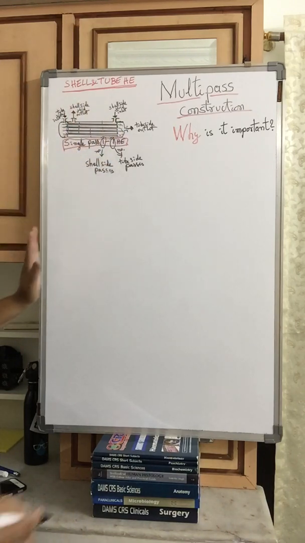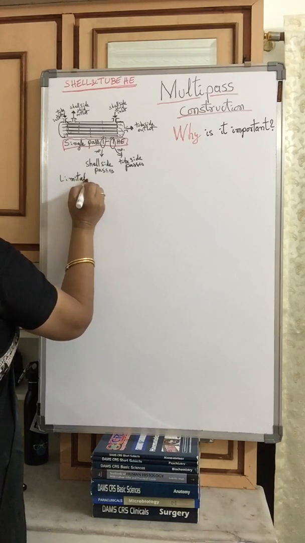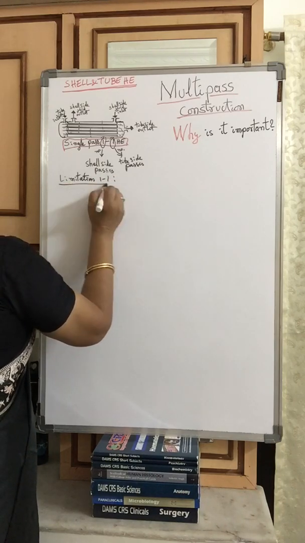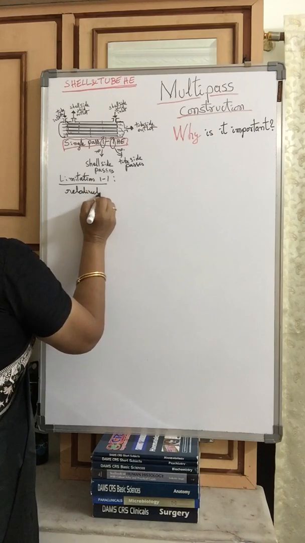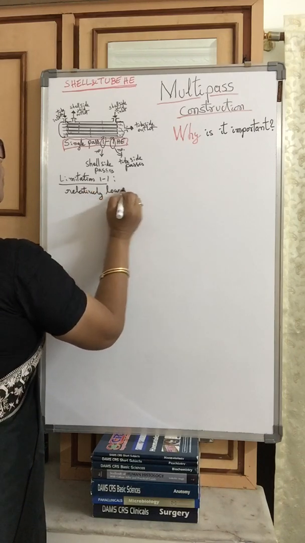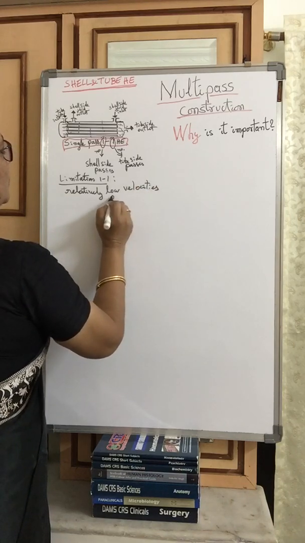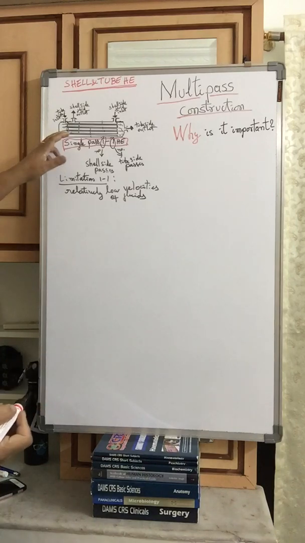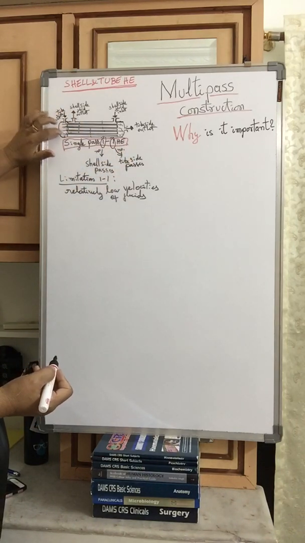So what is the limitation of this heat exchanger? The limitation is relatively low velocities of fluids. Both the shell side fluid and the tube side fluid flow at somewhat lower velocities.